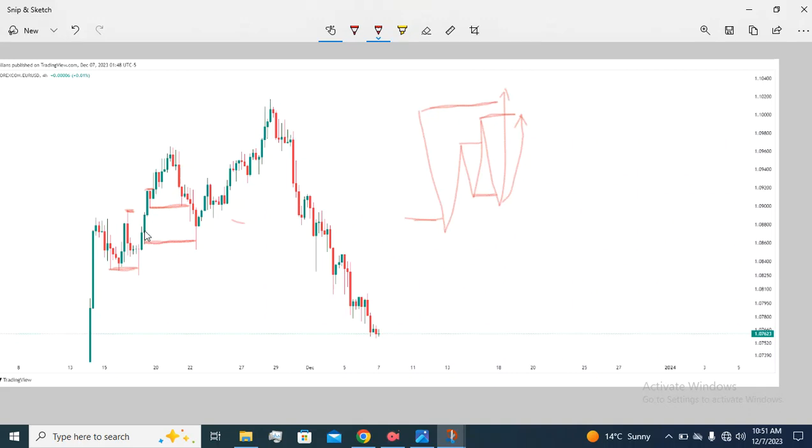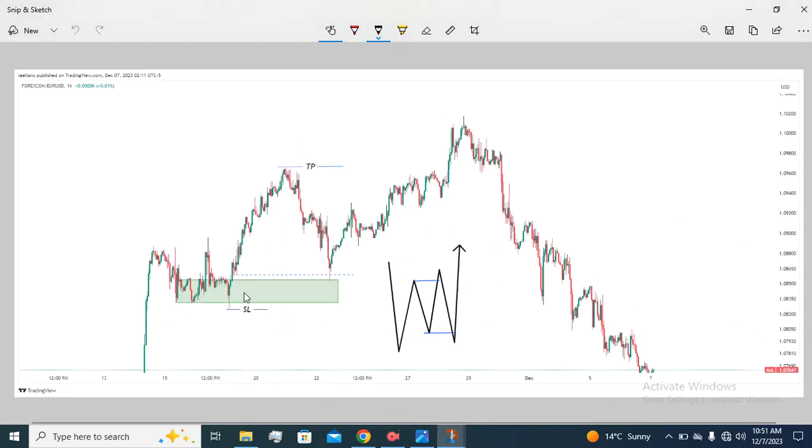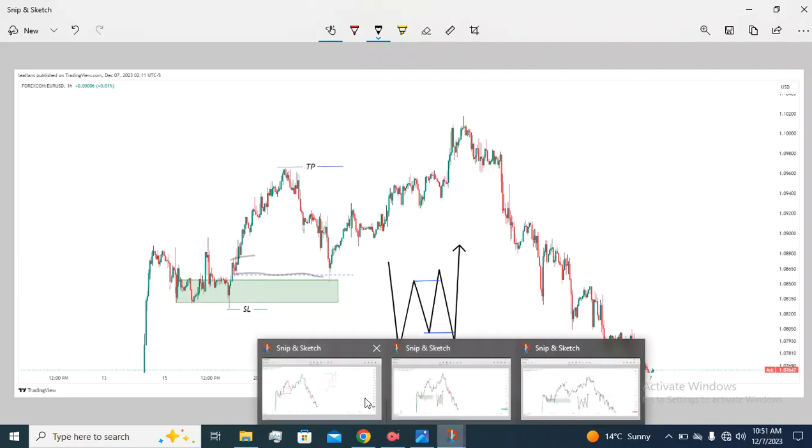And then the first break of structure, this one was on the 1-hour time frame. Let me just show you before I head down. Right here, this is it. This guy here is the first break of structure. This is clear here. Let's go back.